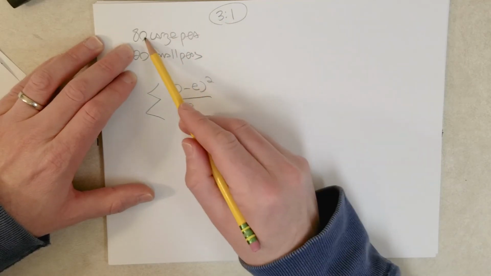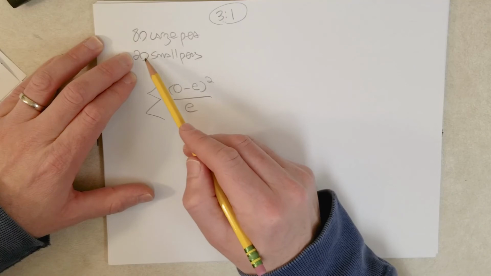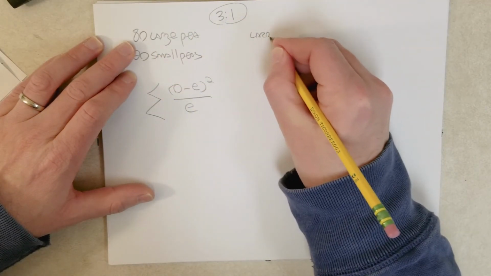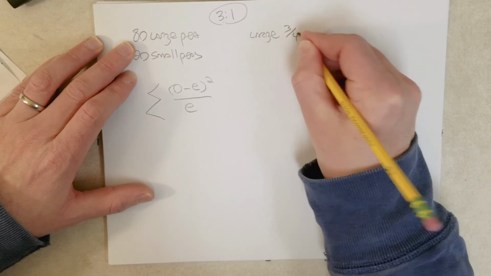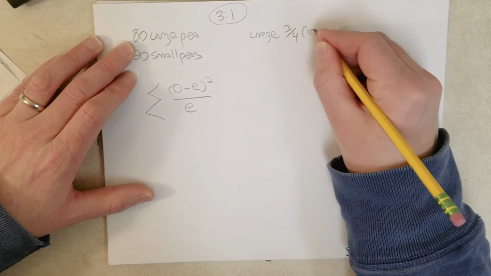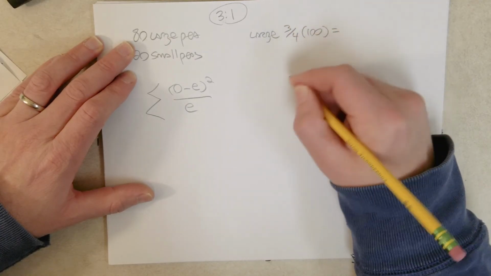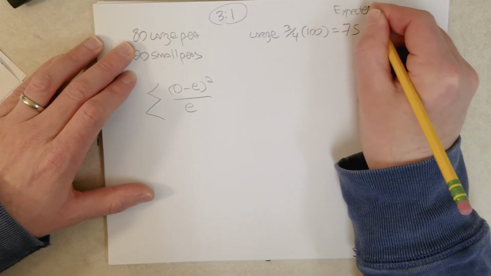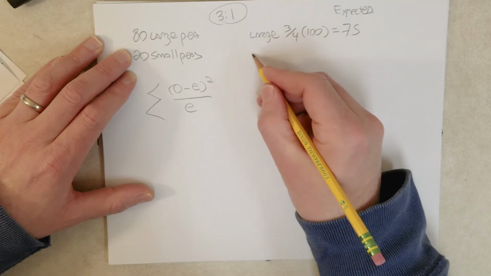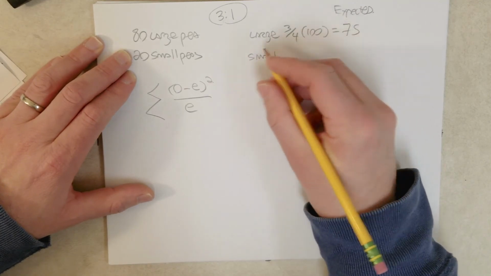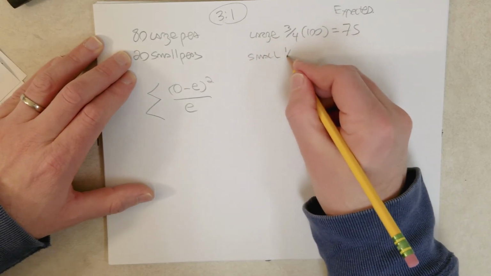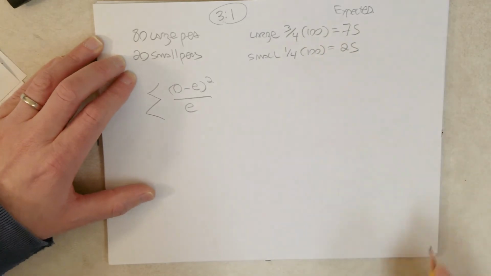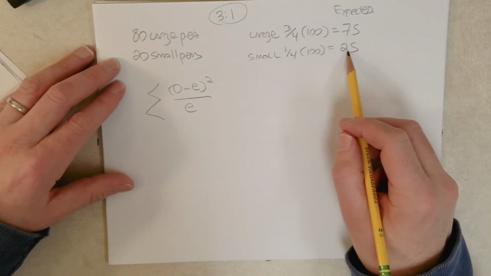So we need to look at the total number of peas, 100, and for large, we expected 3/4 of the 100 to be large. So expected 75 large peas. And for small, with a 3-to-1 ratio, what that means is we expected 1/4 of the total peas to be small.